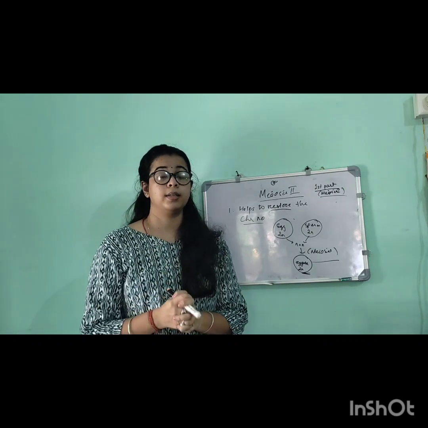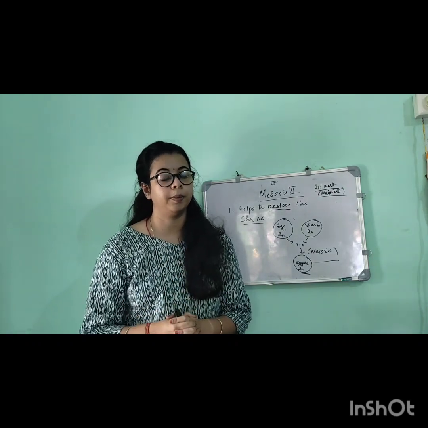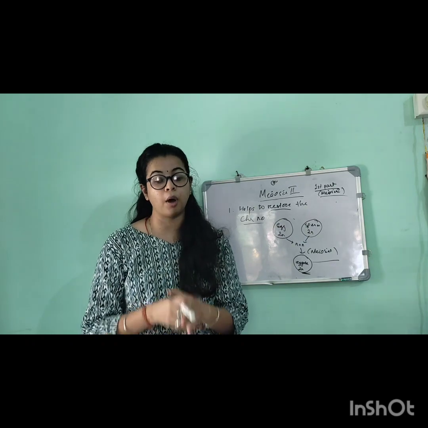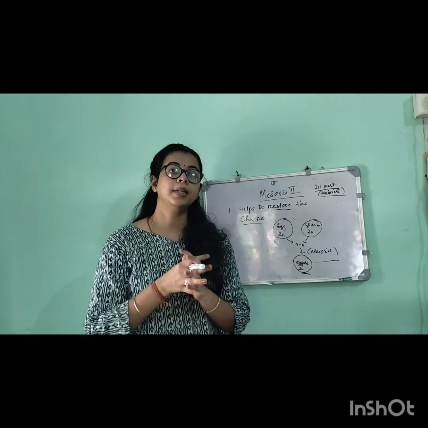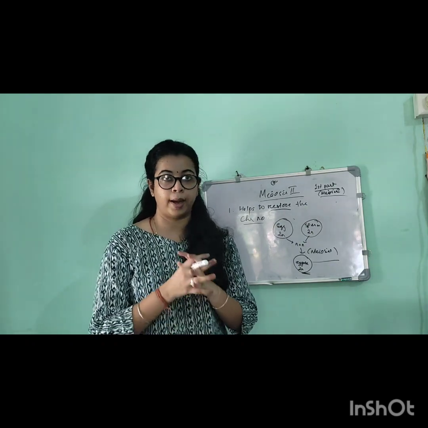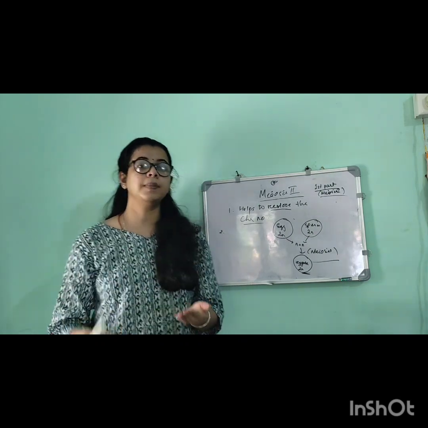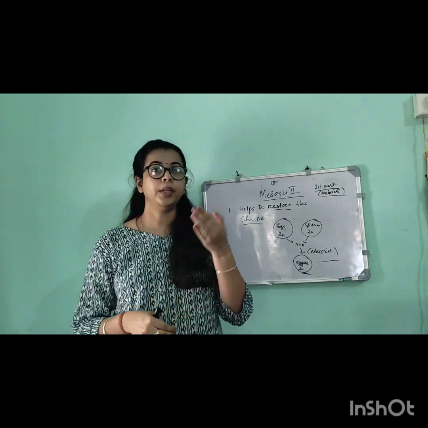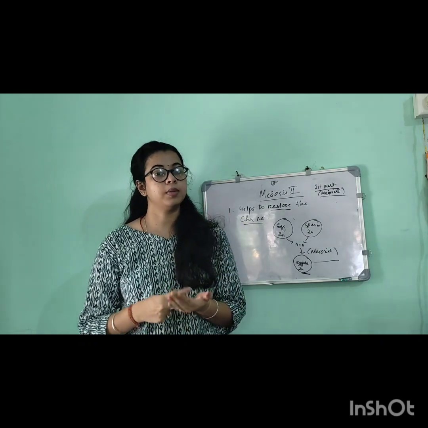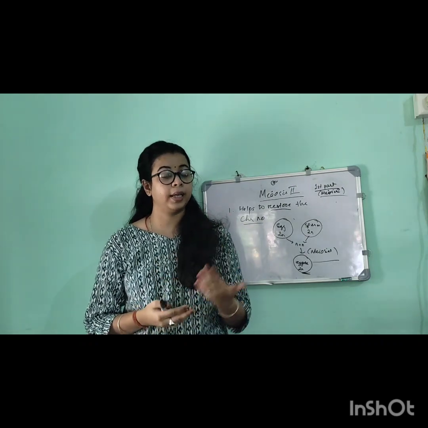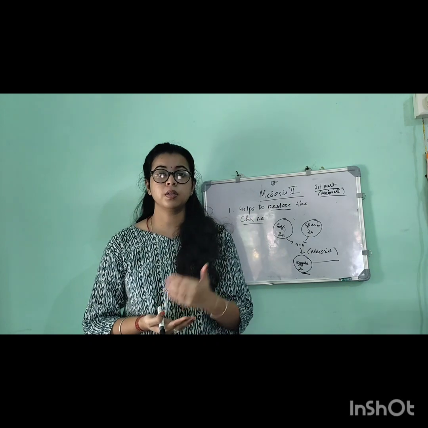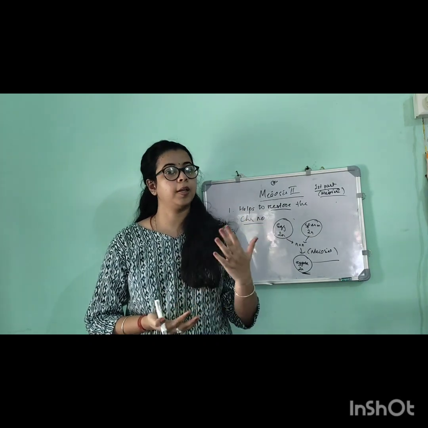Now we will discuss a very important part, that is the calculation of the chromosome number and the DNA of both mitosis as well as meiosis at each stage. Because in the exam it will be asked that during the prophase how many chromosomes are present or what is the DNA count, and during mitosis what is the chromosome number and DNA count.